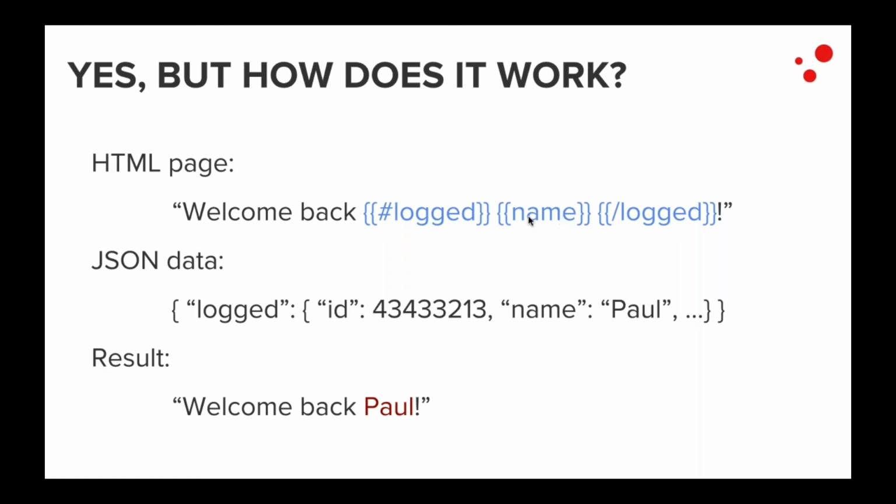And obviously, if it exists, use that name. In the JSON data we actually have a logged field over here, and the subfield, we also have a name subfield over here. And the key for this field is Paul. So the result you will get is welcome back, Paul.